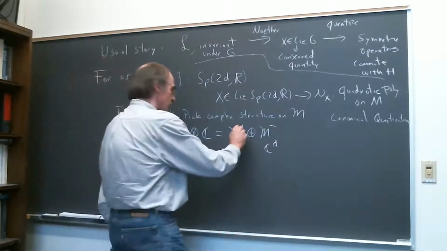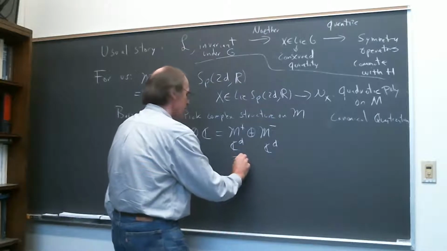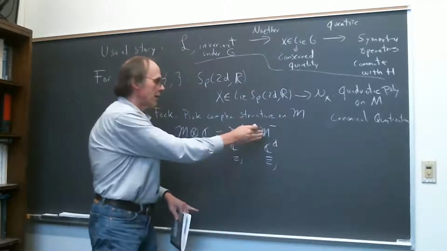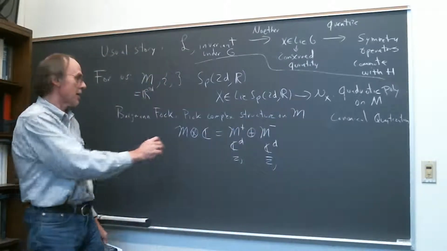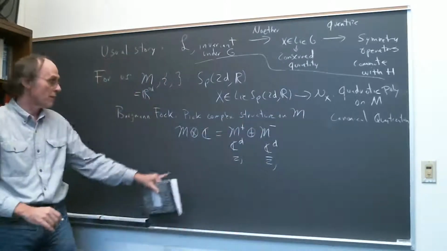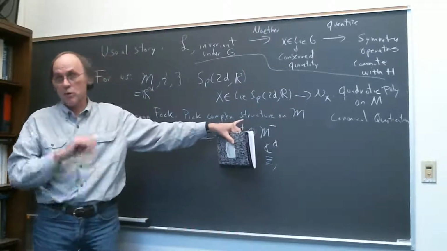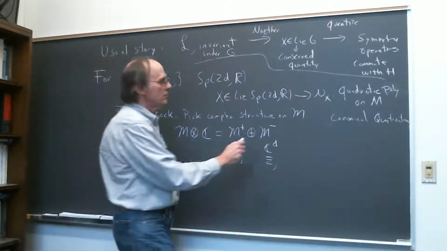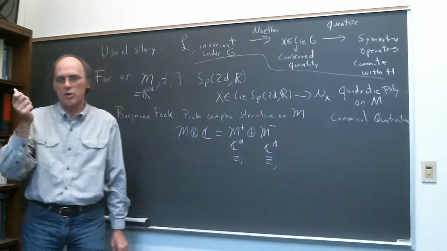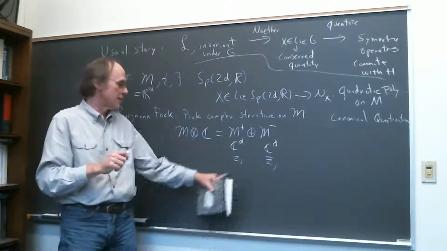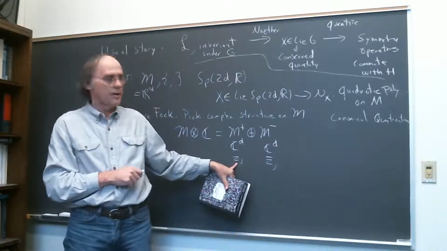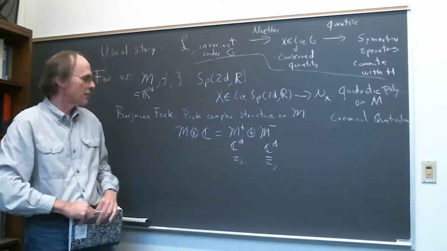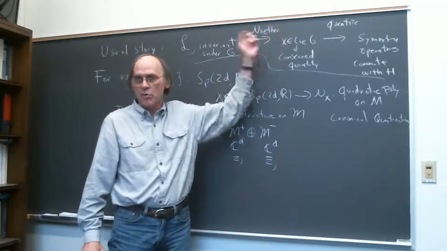It's going to have, let's say, coordinate zj, and here is z bar j, and this is another copy, but related to this one by conjugation. Conjugation takes you back and forth. So this is what you get out of a choice of complex structure. There's a standard one that you normally use when you write the z's in terms of p's and q's, and in quantum field theory we're also going to find that there's a standard one that you're going to use.